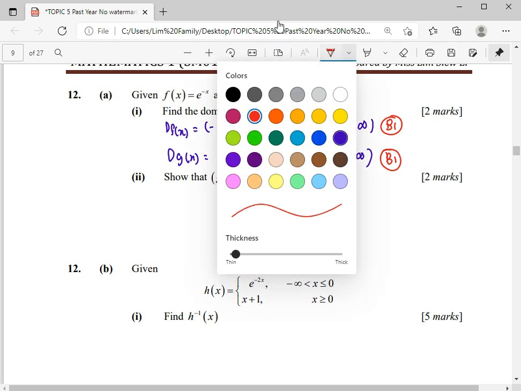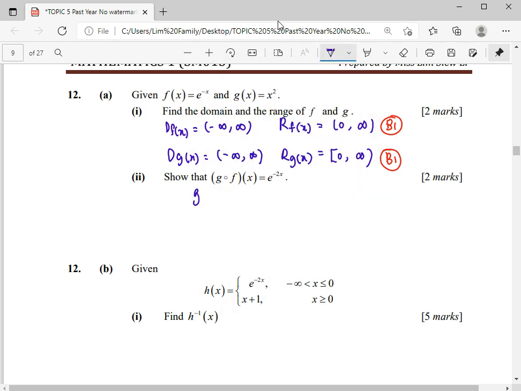And then proceed for your composite function g(f(x)). Substitute your f(x). When you show, it means you have to do until that answer. It's not using the answer and continue. It's not starting with this statement. So do this part until getting this answer.